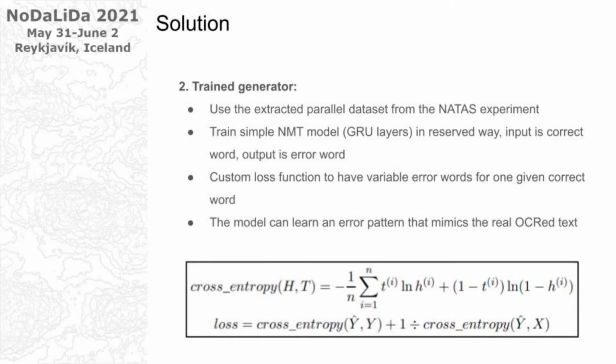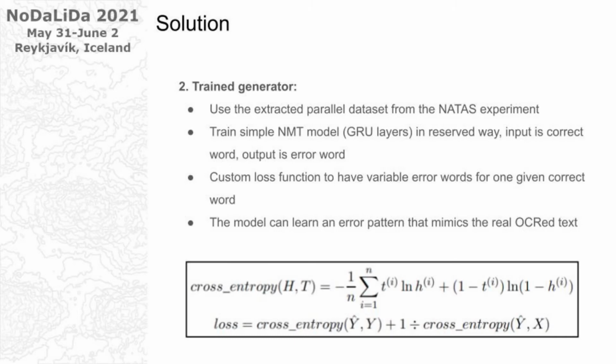Next is a trained generator. Instead of using a random generator, we train a model which mimics the OCR errors. To do that, we use a parallel dataset from Natas experiments. We train a simple NMT model in a reversed way, so the input will be the correct words and the model will output an error word.